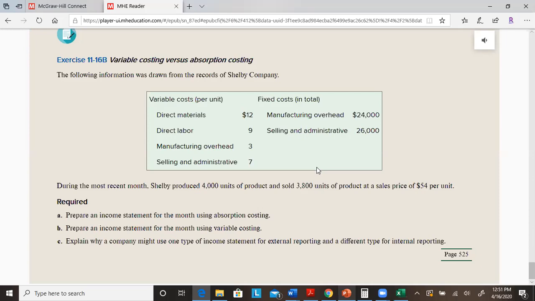Does anybody need more time doing their absorption costing total? Everybody hopefully got 38,600. How much was that again? 38,600. Okay, all right.